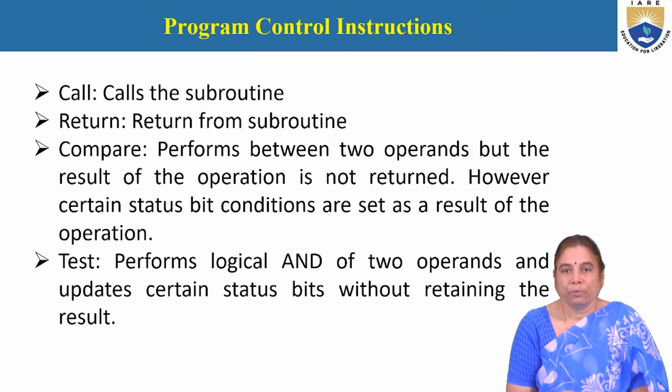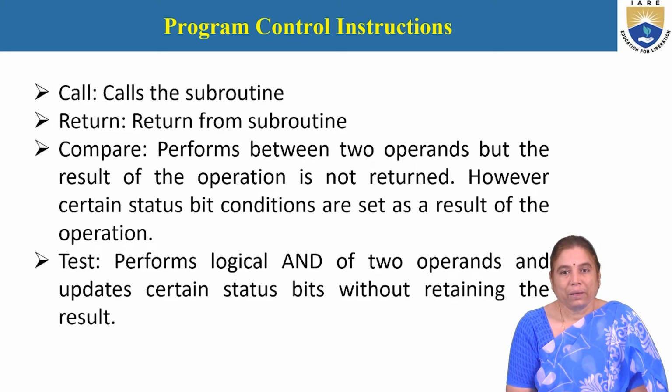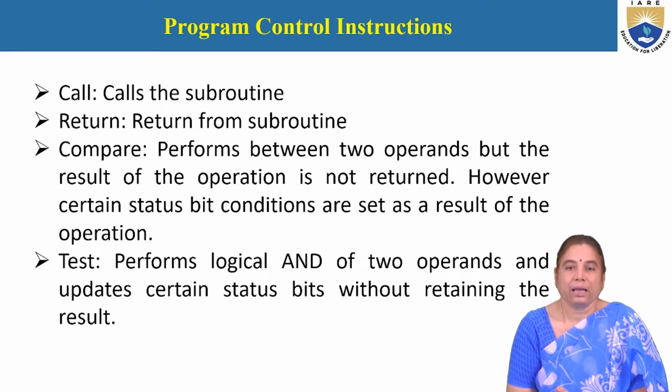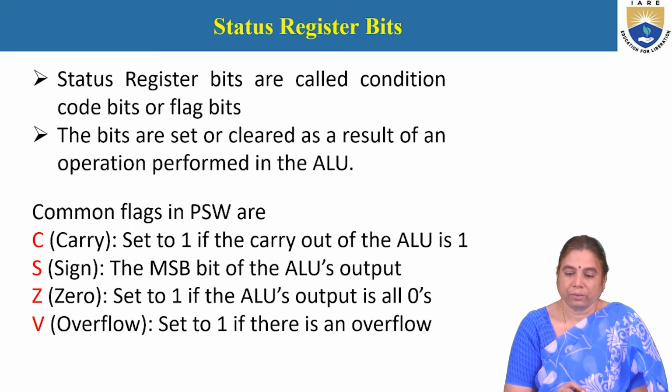Call is used to invoke subroutines. Return is used to return from subroutines. Compare performs subtraction of two operands, but the result of the operation is not returned. However, certain status bit conditions are set as a result of the operation. Test performs logical AND of two operands and updates certain status bits without returning any result. So these are the program control instructions.